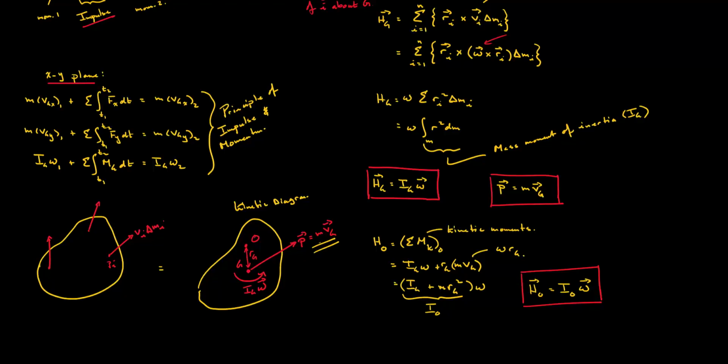And in fact, there is. By looking at the moment of the linear momentum of each individual particle and then taking its summation throughout the rigid body, we find that the angular momentum about the center of mass, G, is equal to I_G omega, which leads us to the principle of impulse and momentum for 2D rigid body motion, where we have three scalar equations, two for the linear components, x and y, and one for the angular component.